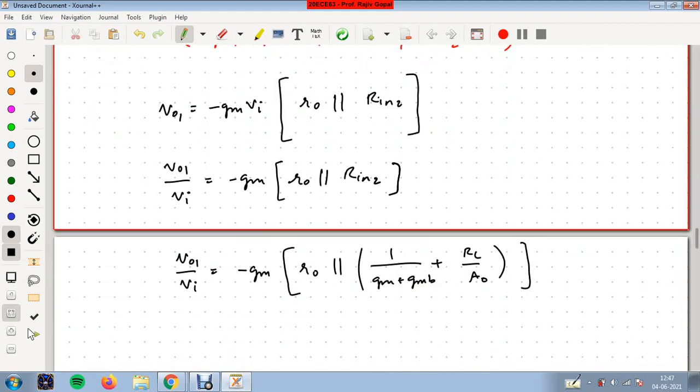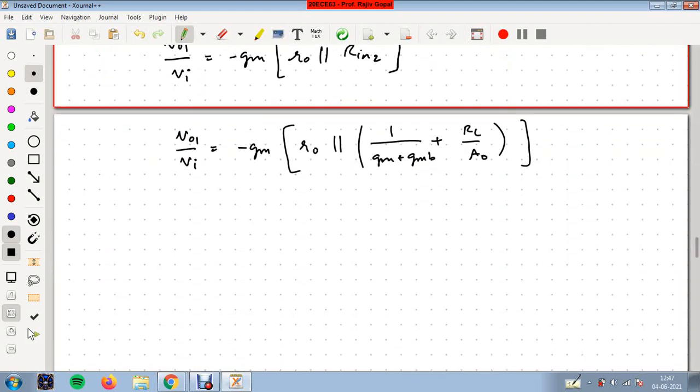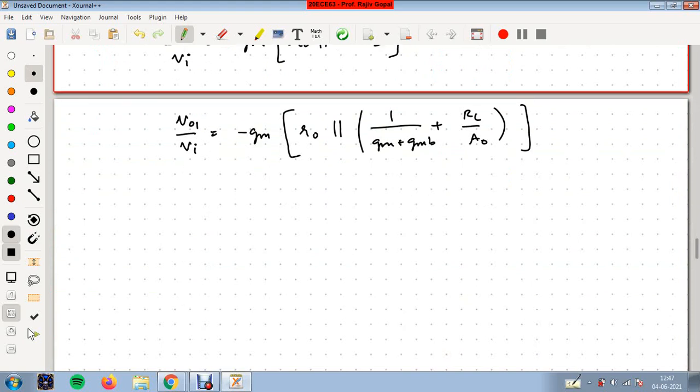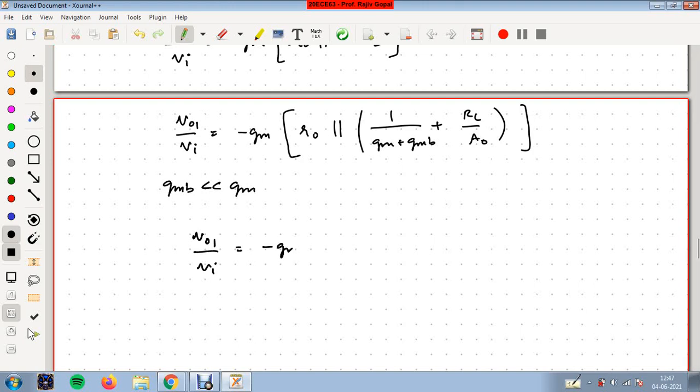Simple KCL, simple KVL. From this, if I assume gmb is very much smaller than gm, then I can write V01 by Vi as minus gm into R0 parallel 1 by gm plus RL by A0.